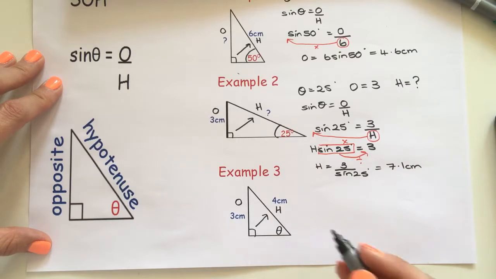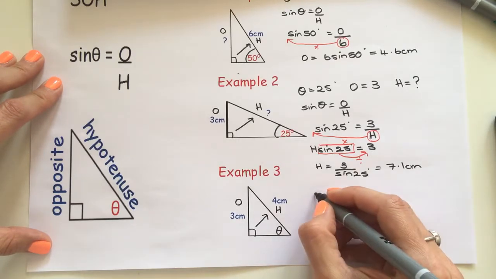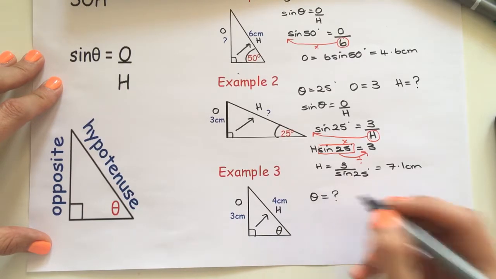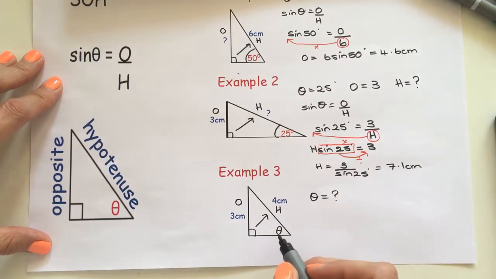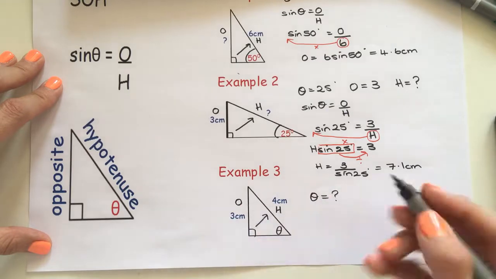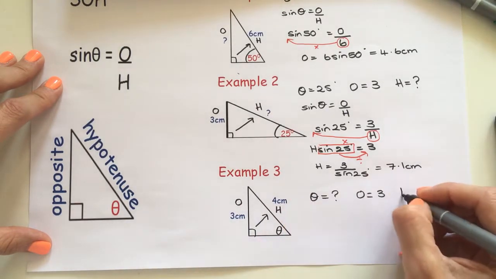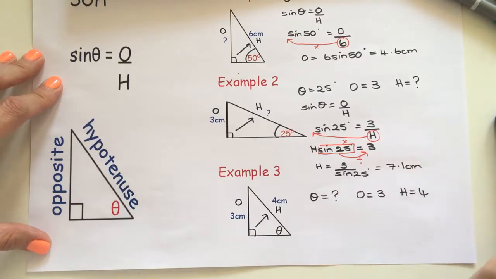So write out what we've got and what we need. Theta equals question mark, that's what we need to find. The O is 3 and the hypotenuse is 4.